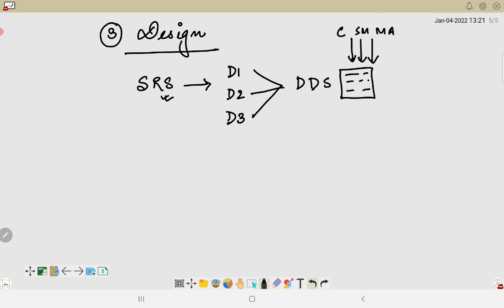All of them will be reviewing this DDS, because this DDS will have all these designs, and maybe if the best design is D2, this design will be selected based on different constraints. Modularity will be one constraint, budget, whether it fits the budget, whether it will be completed within the definite time period or not. All those things will be considered in this particular phase, and the best design is forwarded.